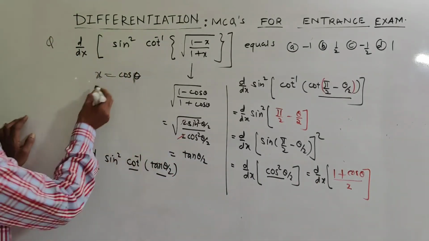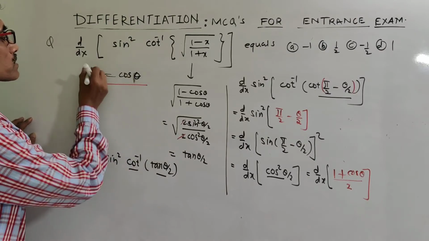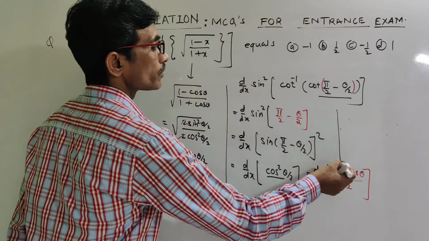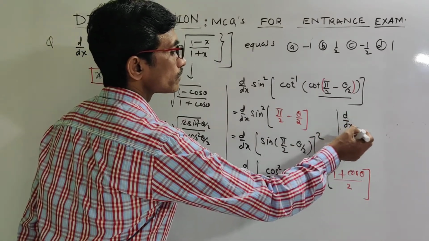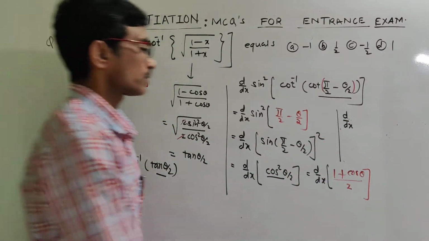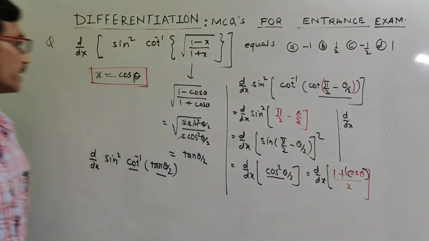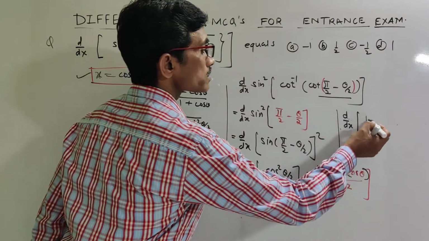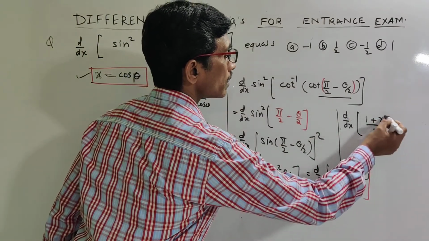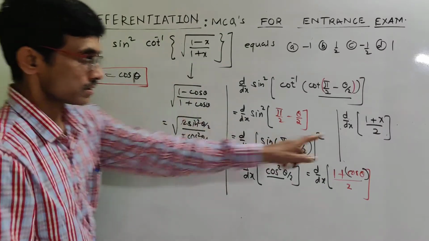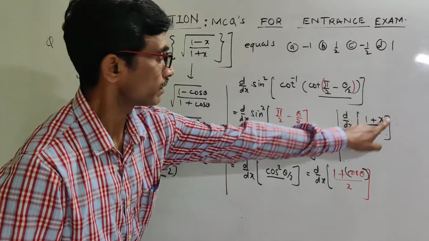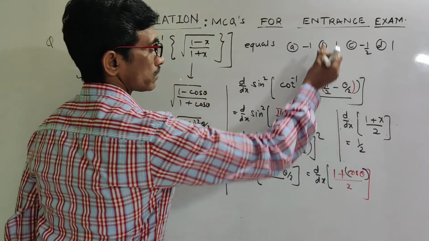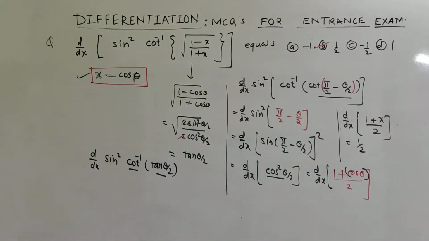Now cos theta is equal to x, so therefore it is d dx of, in place of this cos theta we write x, so d dx of 1 plus x upon 2, which will be equal to, this derivative will be 0 and x derivative will be 1, and 1 by 2. So our answer will be 1 by 2. So B option, 1 by 2.